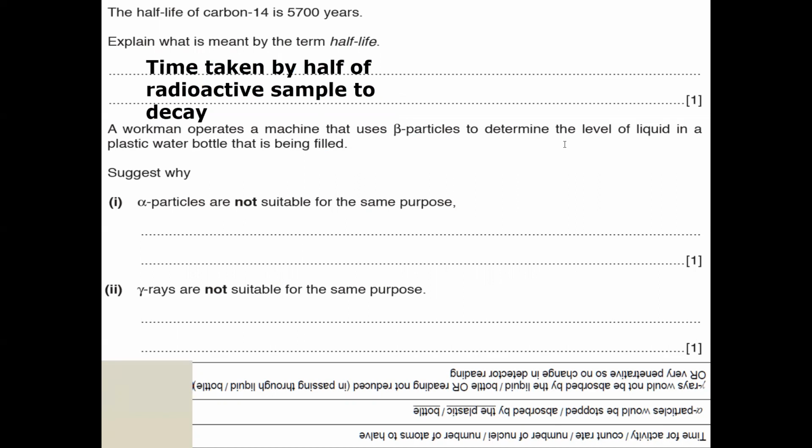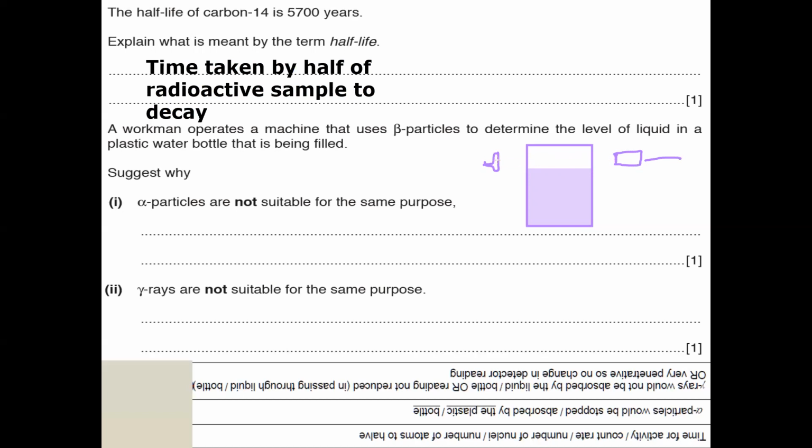So if a person is finding the water level by using alpha radiation, for example, a bottle is filled with water and a person wants to determine the water level. He uses a source here and a detector on the other side. Radiation is coming out from the source.